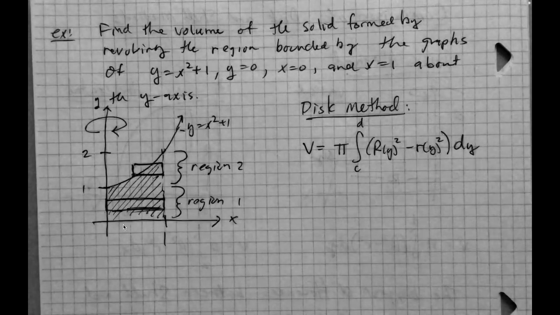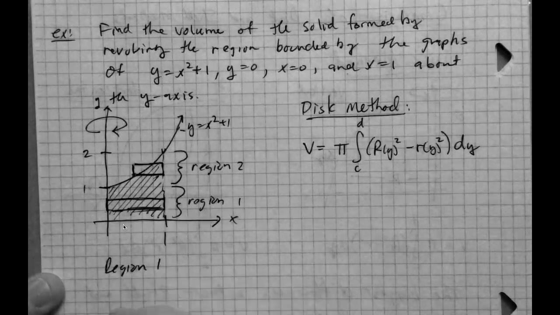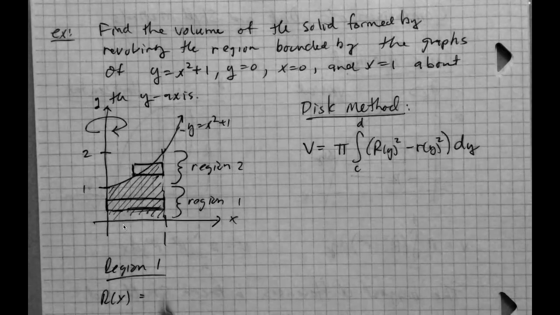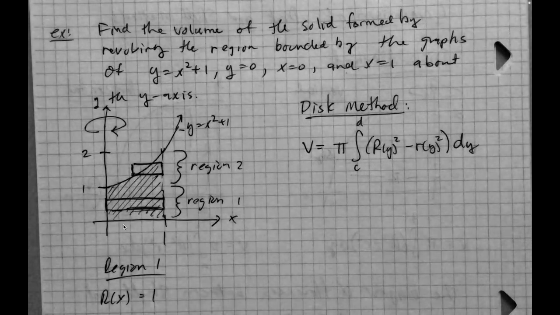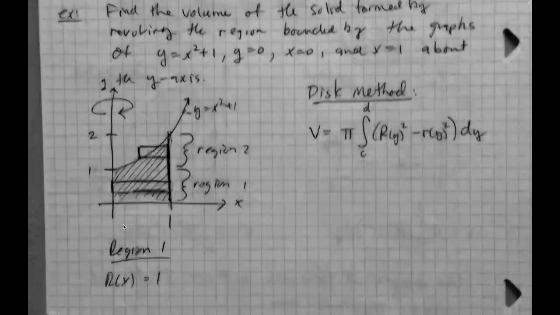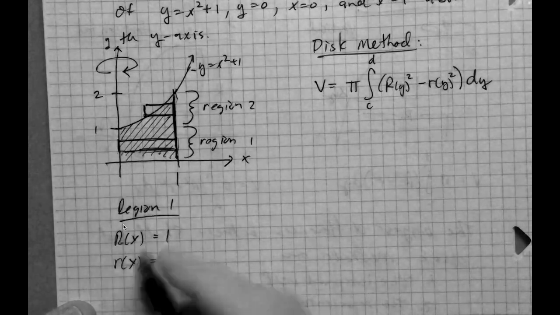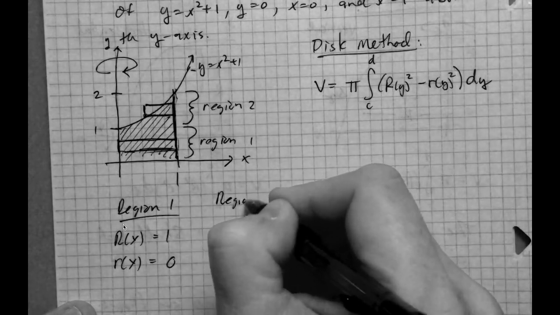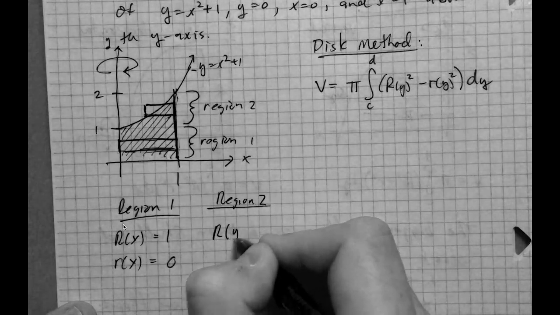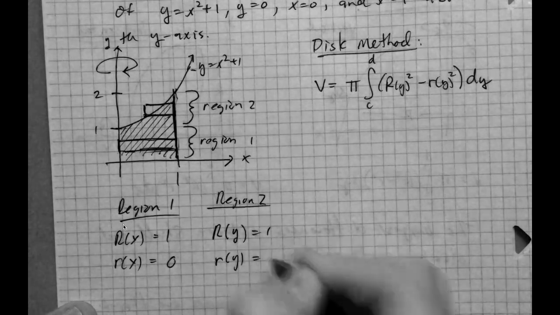Okay. So in region 1, our outer radius was just 1. You can see the outer radius is 1 across both regions, and the inner radius was 0. In region 2, the outer radius was again 1, and the inner radius here was different.